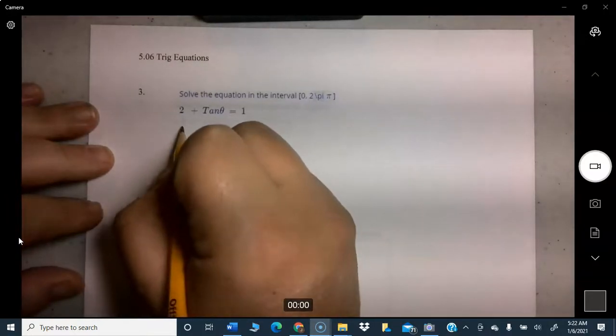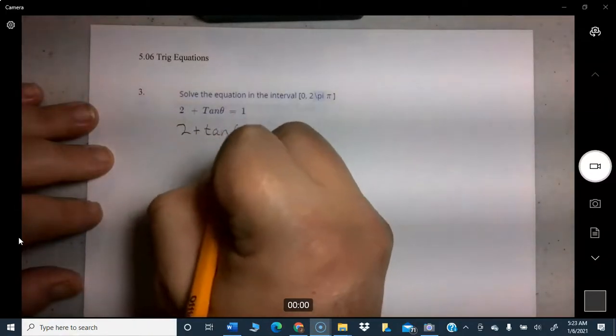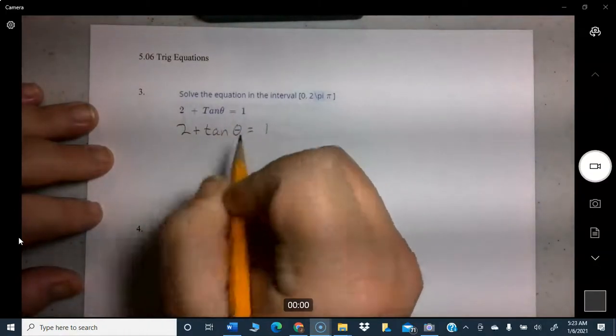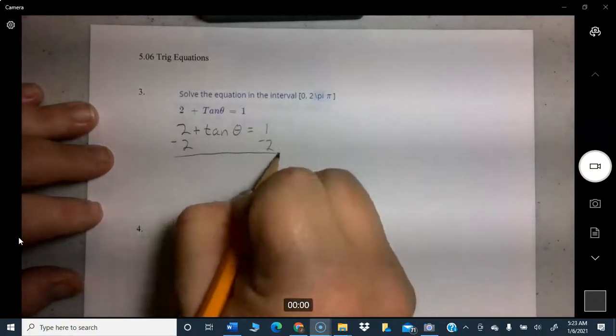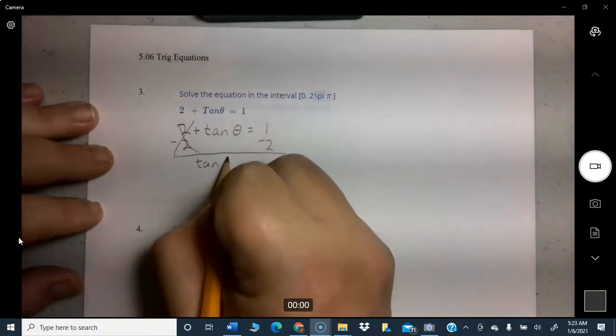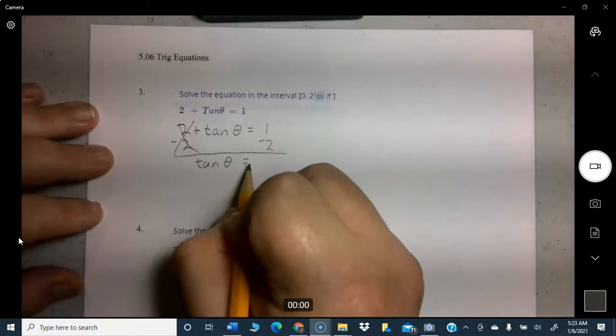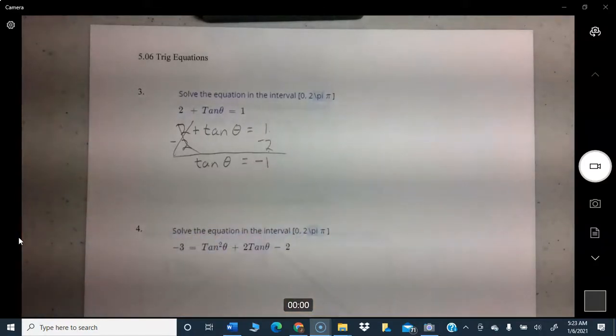So we're going to say, this time I will write the equation first. You're going to subtract 2 from both sides. And 1 minus 2 is negative 1. So we want to find where tangent theta equals negative 1.